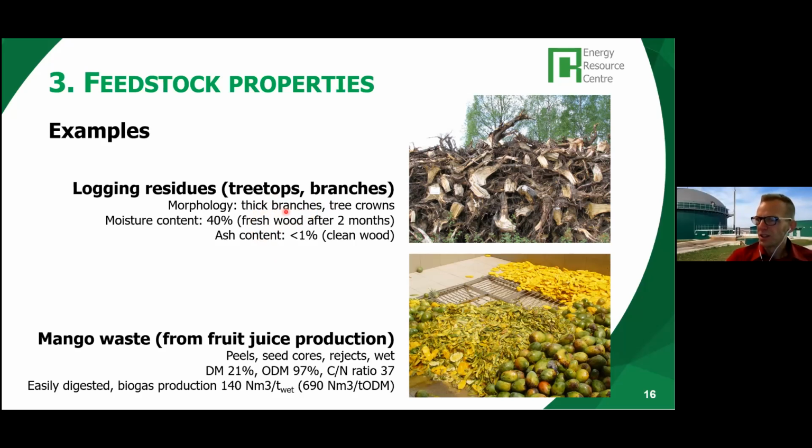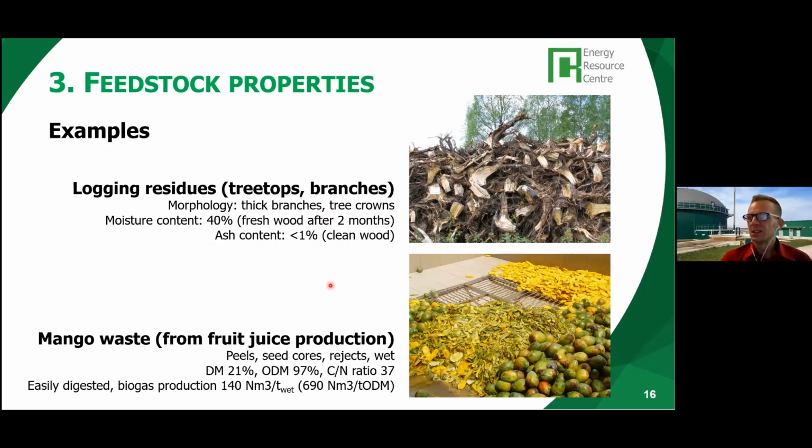This could be thick branches and tree crowns. Moisture content could be around 40%, especially if the wood has been lying around for a month or two. And for clean wood, your ash content can be limited, can be less than 1%.